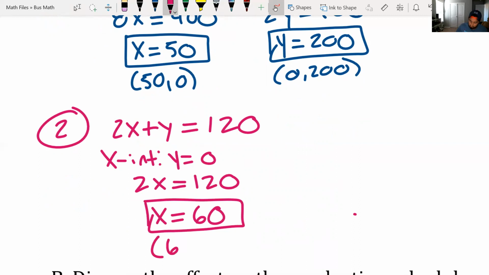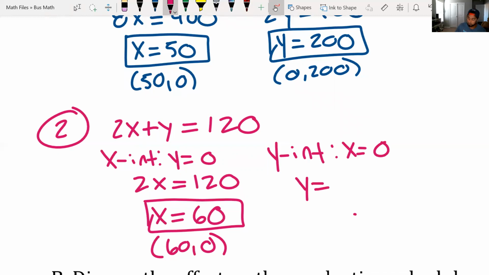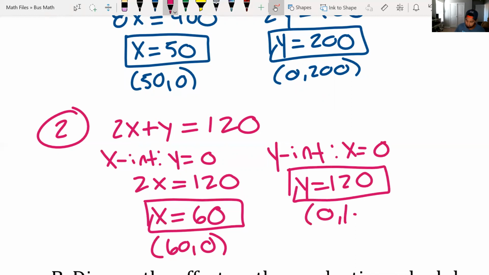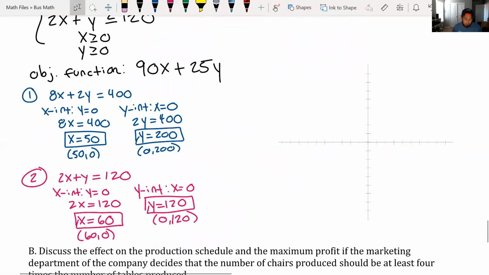We get (60, 0). Y-intercept, you get just y equal to 120. All right, so let's go and graph.